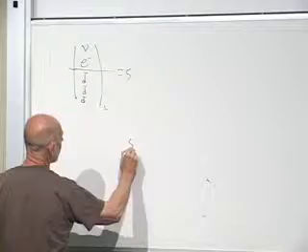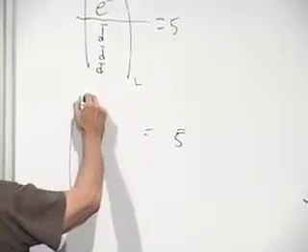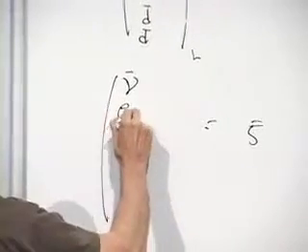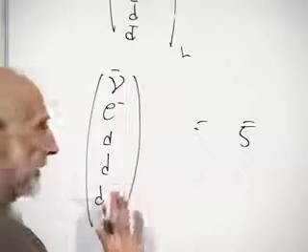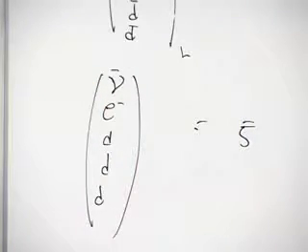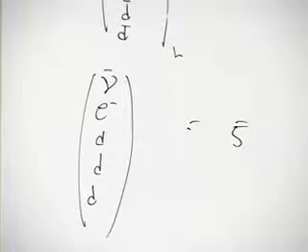The 5 bar is just the antiparticles: antineutrino, electron, D, D, D. Let's not worry about the handedness. We're only thinking about group theory now. This is a trick for doing some group theory.